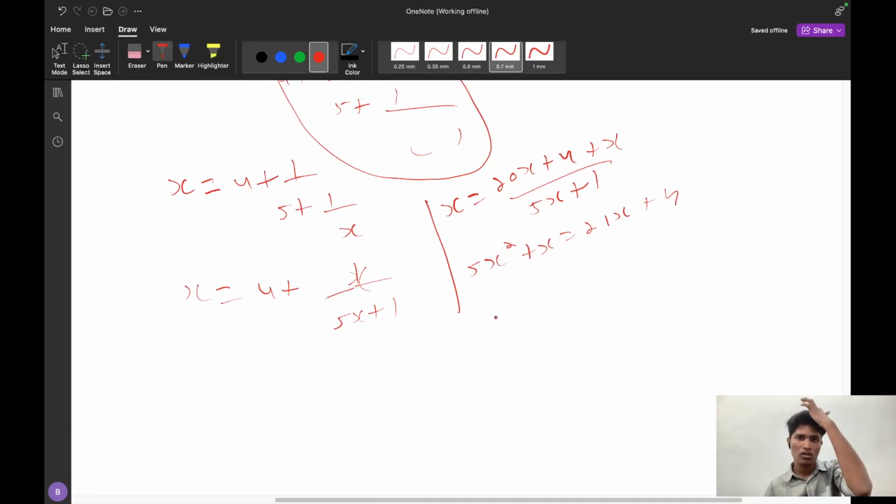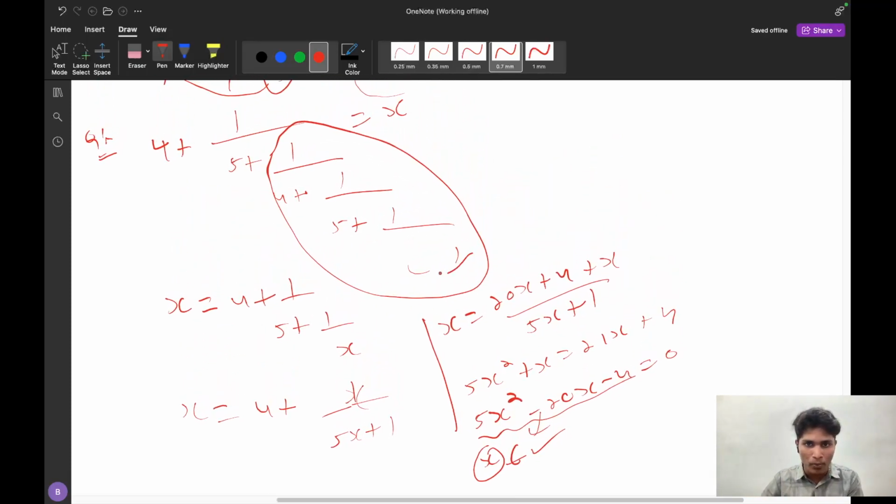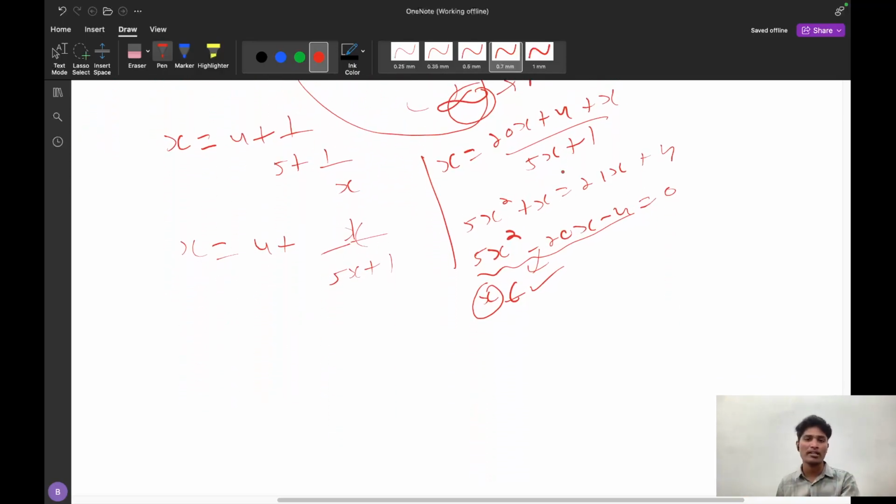So 5x square minus 20x minus 4 equal to 0. So these values can be calculated. You can calculate the values, guys. Like this you have to solve. If this is an infinity pool, you can calculate like this. If the value is repeating, you can take the values like this.